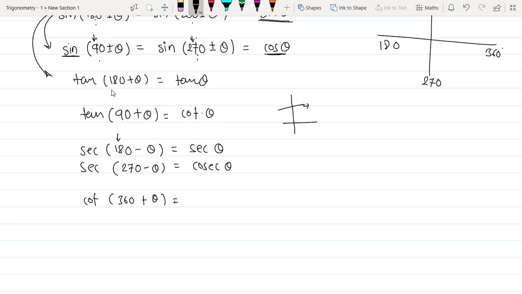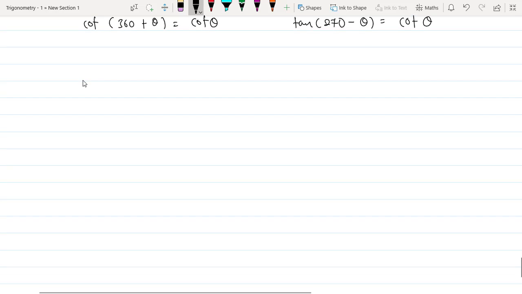Cot theta. You get the positive, no problem, so it remains cot theta. Tan of 270 minus theta, what happens to this? It becomes cot theta. Very important formulas.